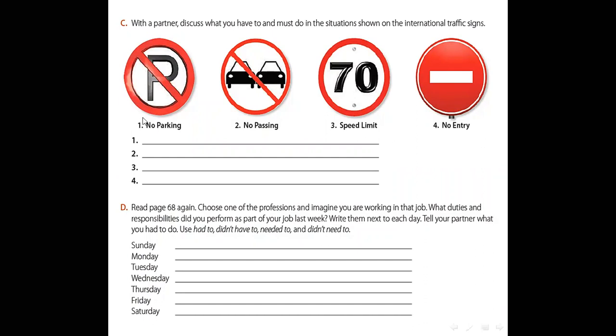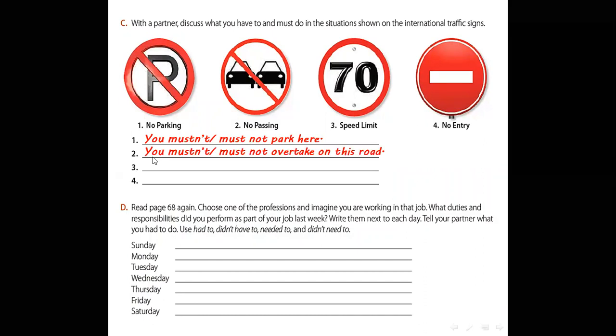What about this sign? Excellent. You mustn't park here. Number 2, you mustn't overtake on this route. Number 3, you mustn't drive faster than 70. And the last one, you mustn't drive down this road.